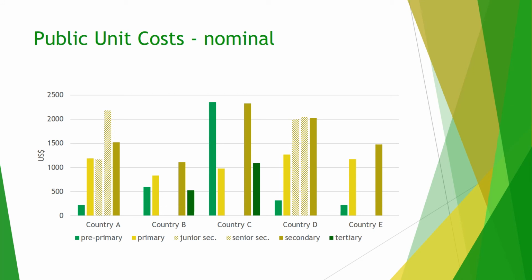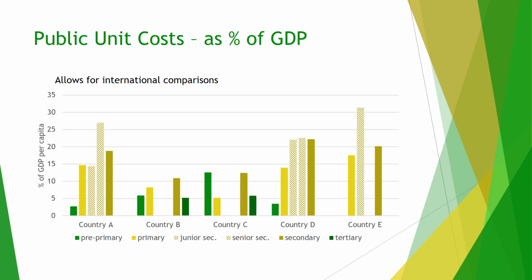However, looking at public unit costs is interesting from a country perspective in nominal terms, but when we want to compare the situation of our education system to other countries, it is generally preferred to express it in terms of percentage of the GDP per capita.